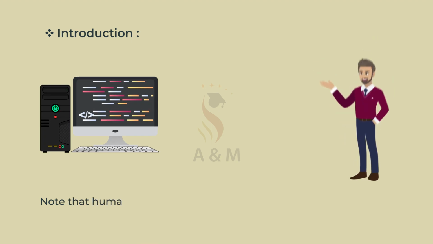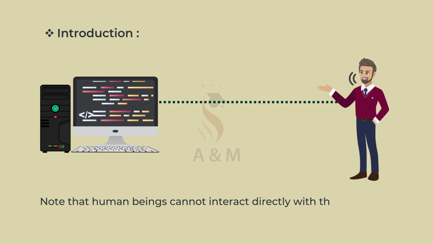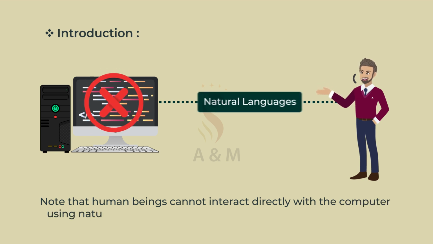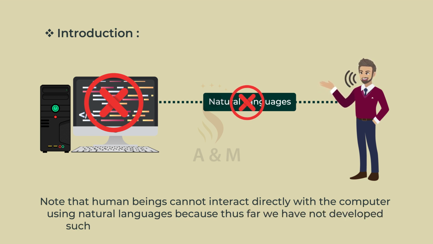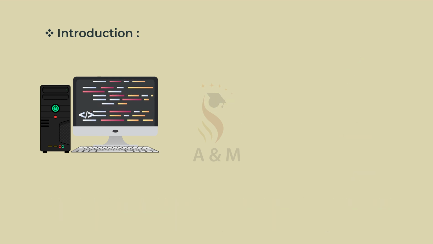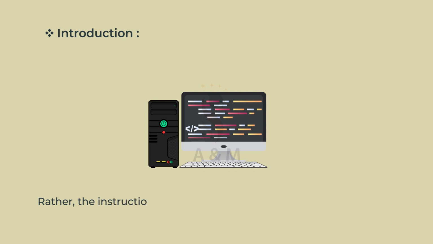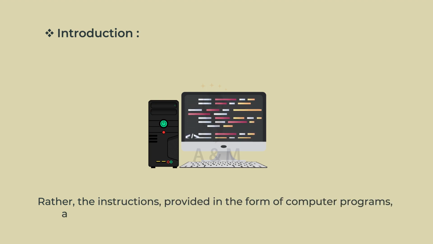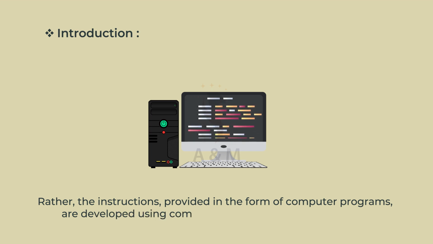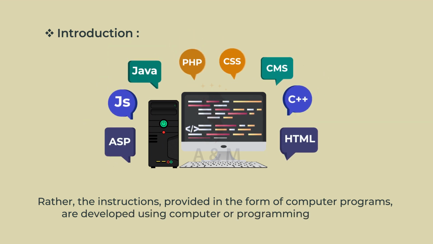Note that human beings cannot interact directly with the computer using natural languages because thus far we have not developed such computers that can comprehend natural languages. Rather, the instructions provided in the form of computer programs are developed using computer or programming languages.